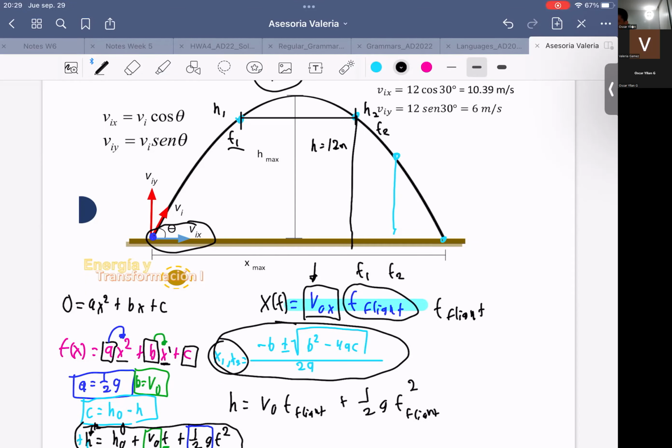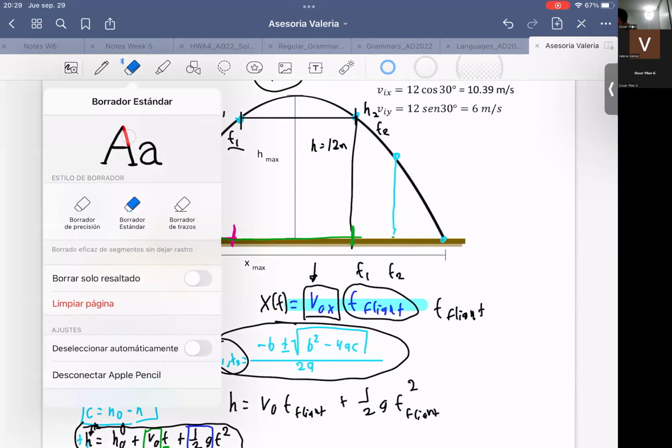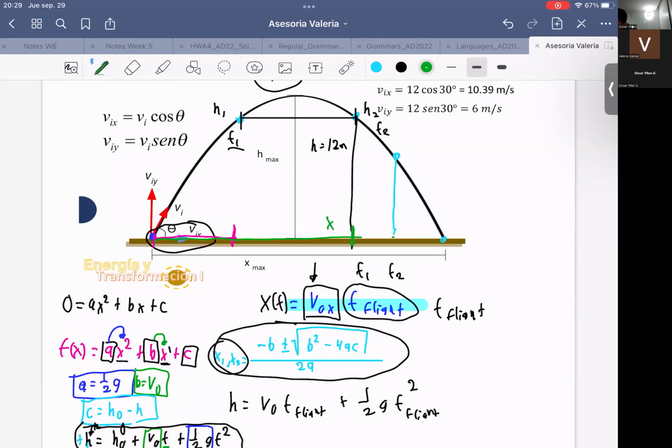So we input any of these two values, and it will give us this x position, right? For this first point, and a second x. We are going to get this x2, this x1, right?